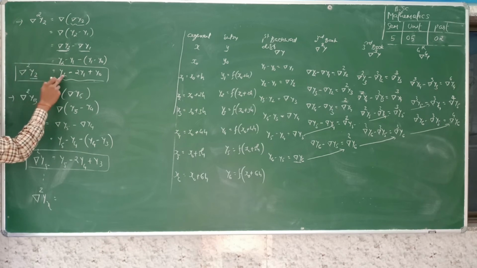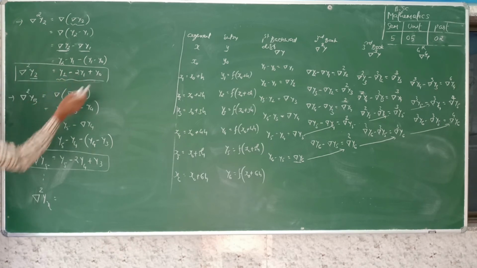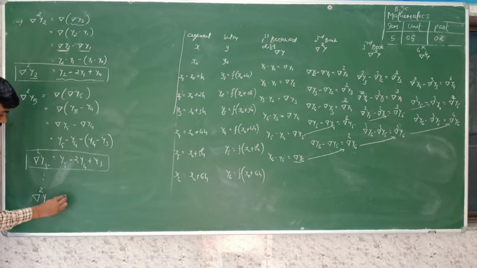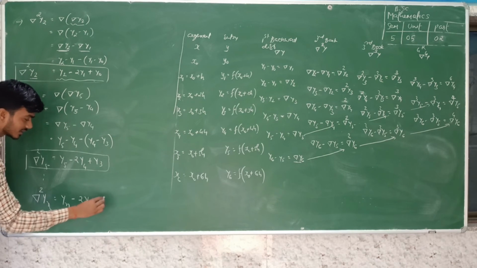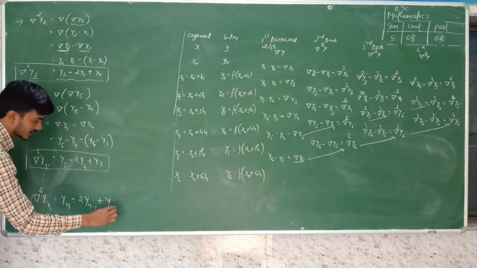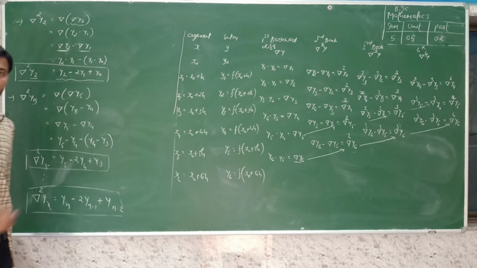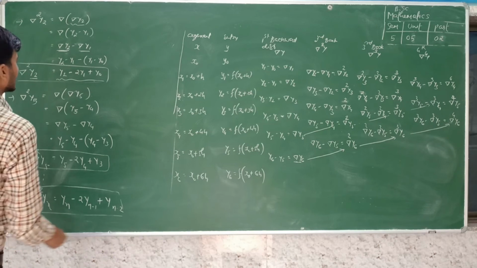So y2 gives y2 minus 2y1 plus y0, y5 gives y5 minus 2y4 plus y3. So yn gives yn minus 2 into 1 decrease, so yn minus 1, plus another 1 decrease, so yn minus 2. You can easily express the second backward difference by this general equation.